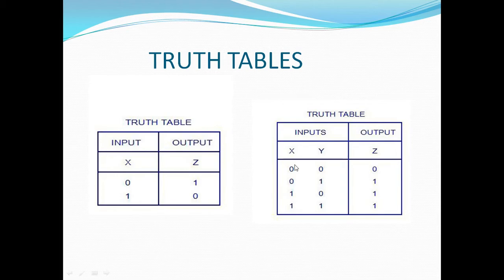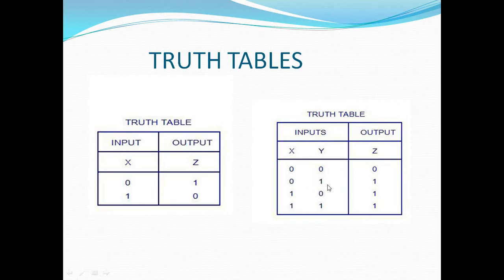Similarly, here also, if we have two inputs, what are the possible combinations? The value of x can be either 0 or 1. Similarly, y can be either 0 or 1. So only two values are there. The possible combinations for these two inputs will be these values which we have written. So for two inputs, we have four possible combinations.